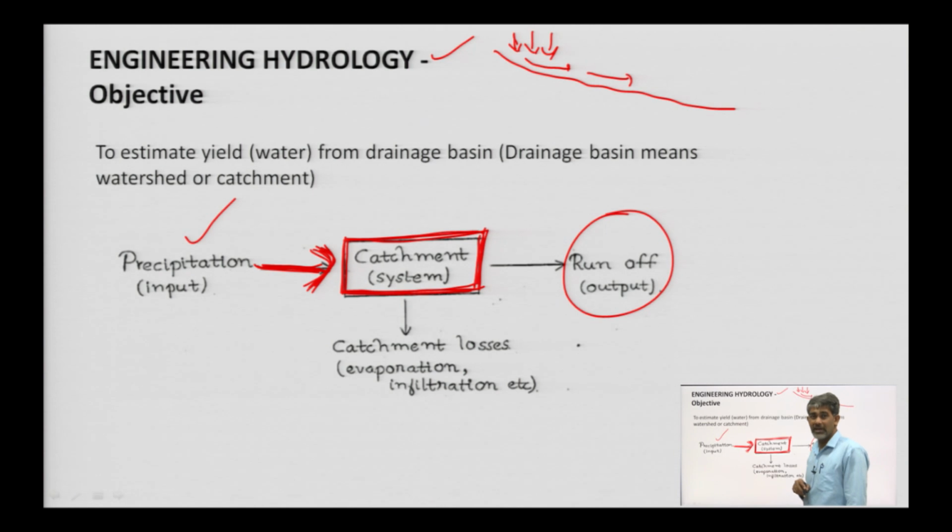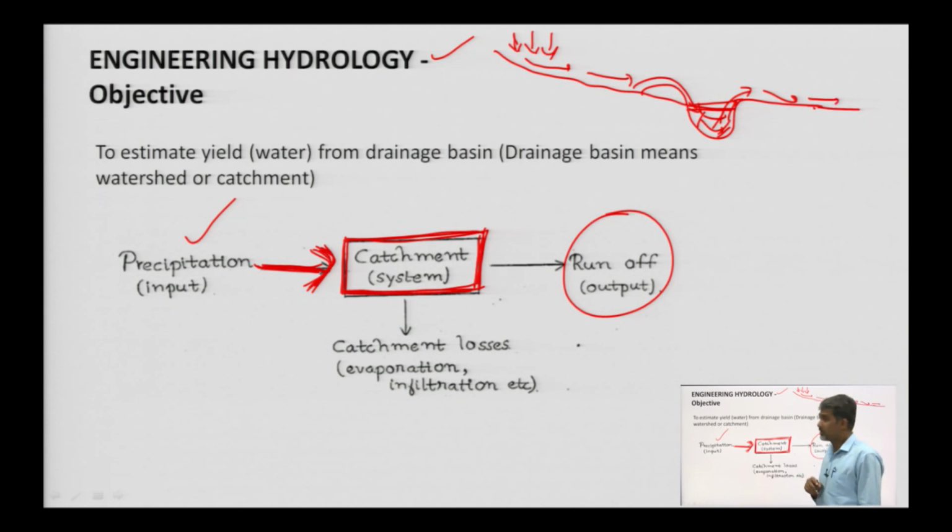If there are streams or ponds in the path, the water will enter these ponds, then again flow on the ground surface. This is runoff, and since it moves on the earth's surface, it is surface runoff.